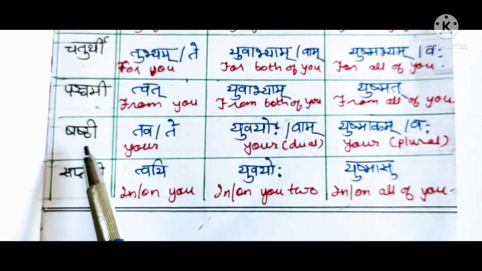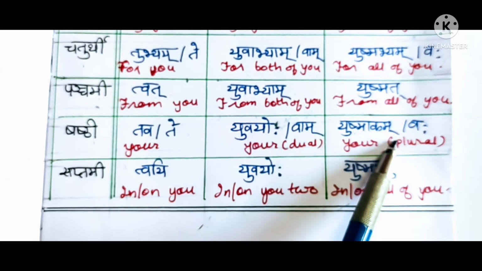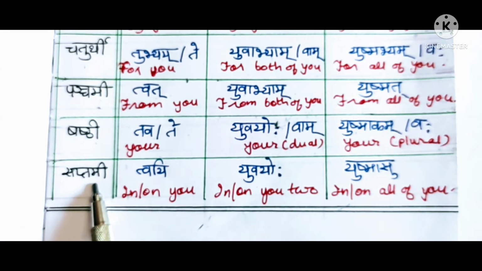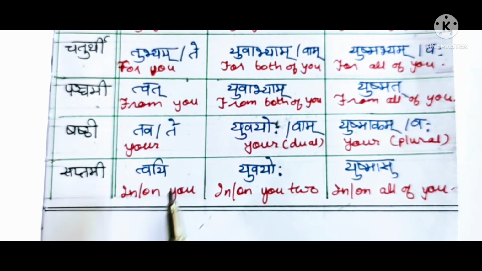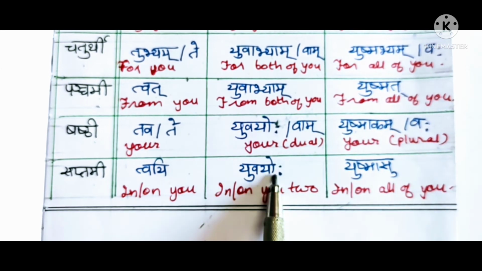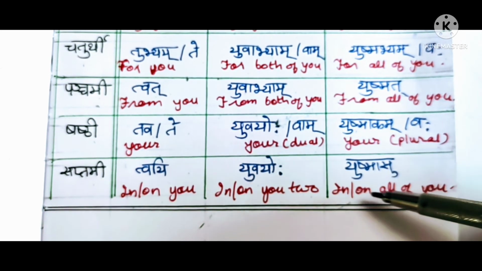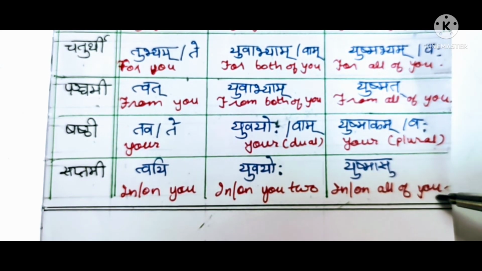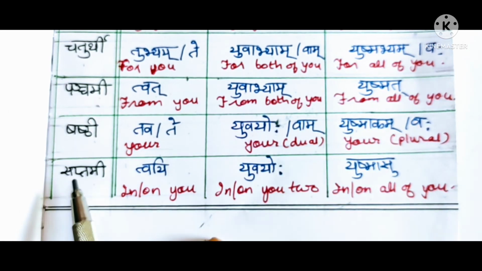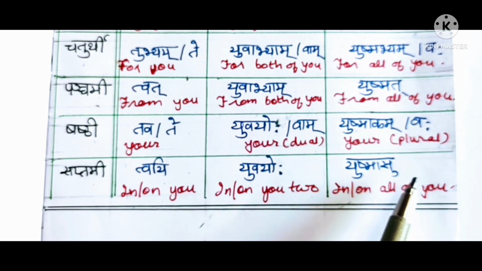So Shashti Vibhakti is Tava, Yuvayoho, Yushmakam. Saptami Vibhakti Tvayi means in or on you. Yuvayoho means in or on you two. Yushmasu means in or on all of you. So Saptami Vibhakti is Tvayi, Yuvayoho, Yushmasu.